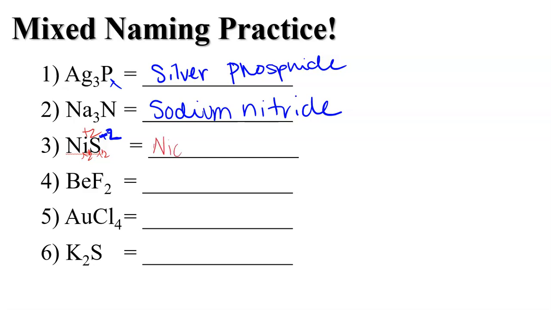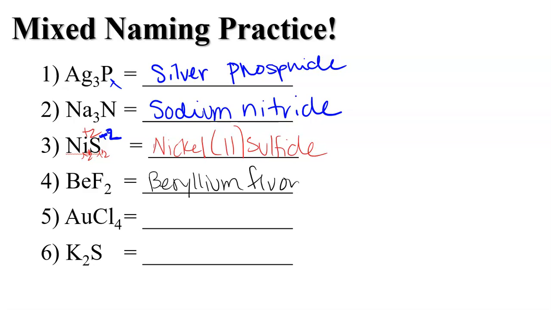So this would be nickel 2 sulfide. Right? Next one is beryllium fluoride. Now beryllium is in group 2 and fluoride is in group 17, so that's just a normal ionic bond. Beryllium fluoride.